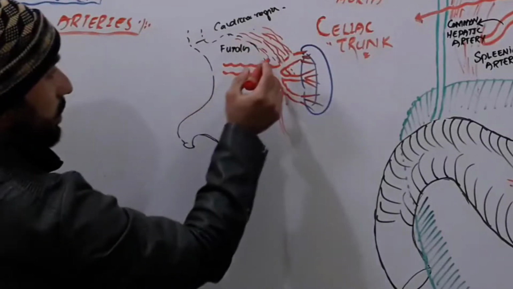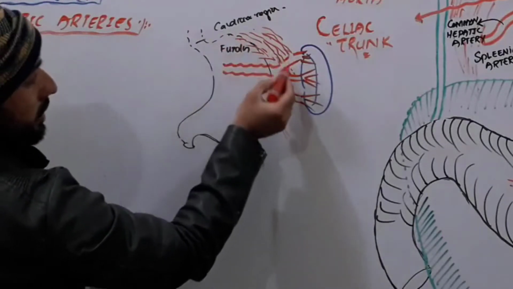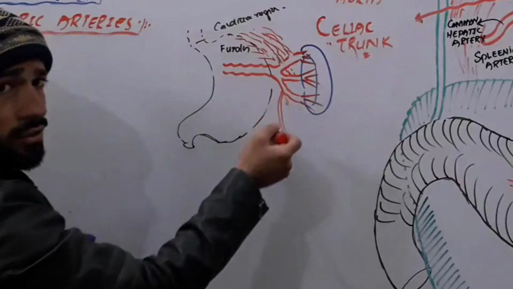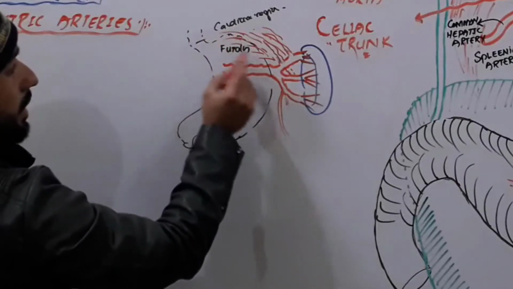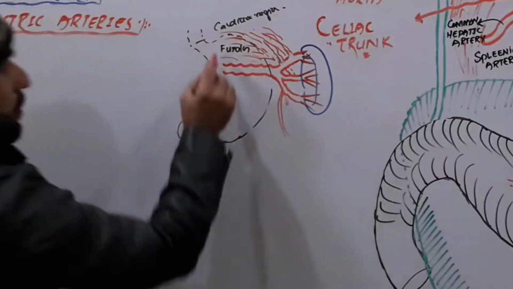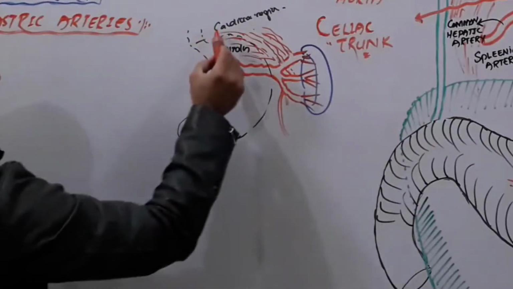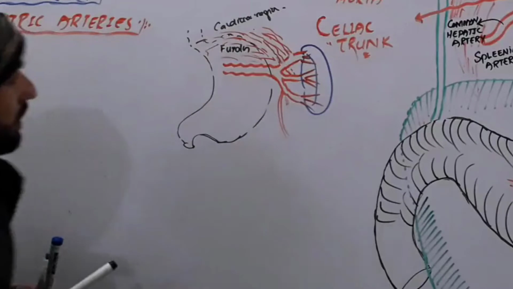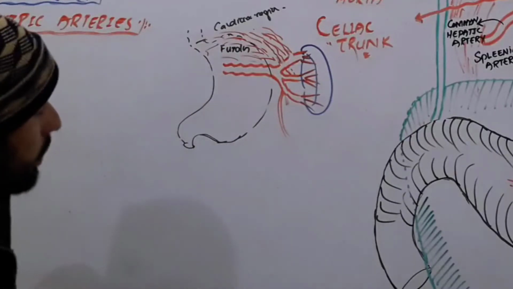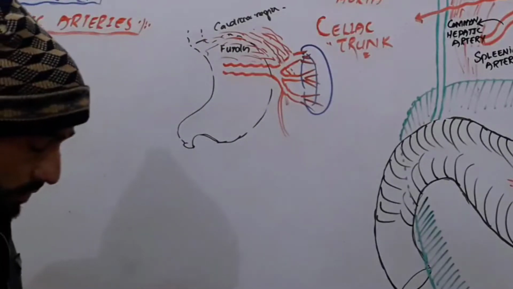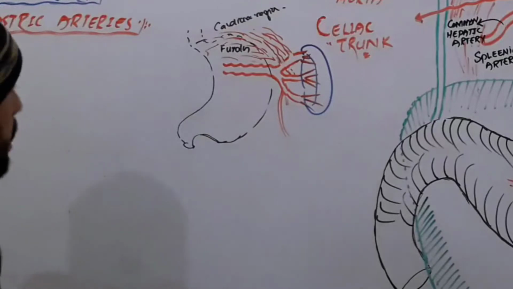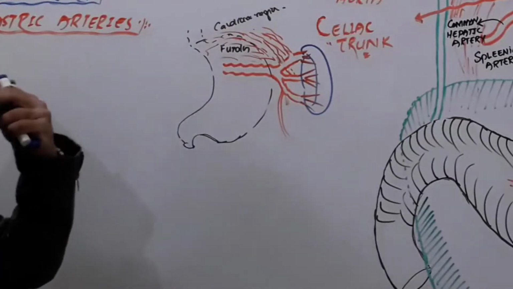We know that. So these are the small branches which arise from these splenic branches of the splenic artery, and they come and supply blood to the fundus of the stomach anteriorly and posteriorly, and to the cardiac region of the stomach anteriorly and posteriorly.